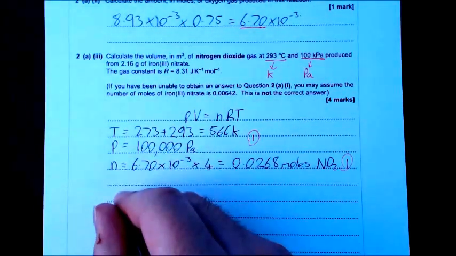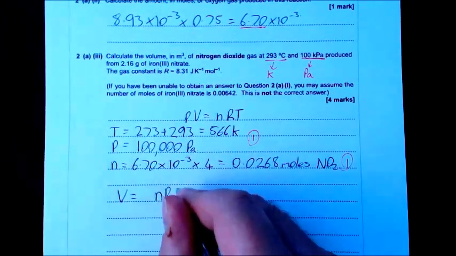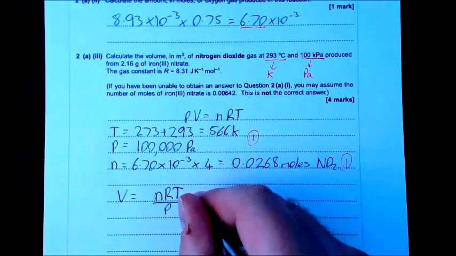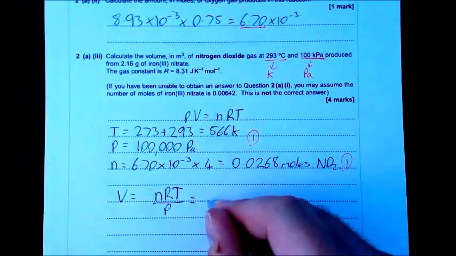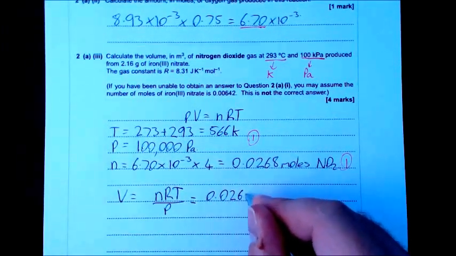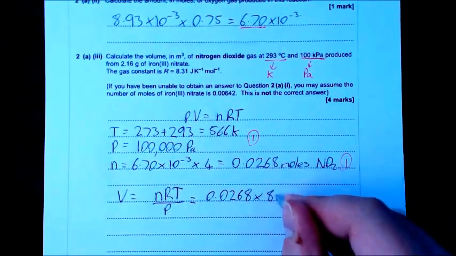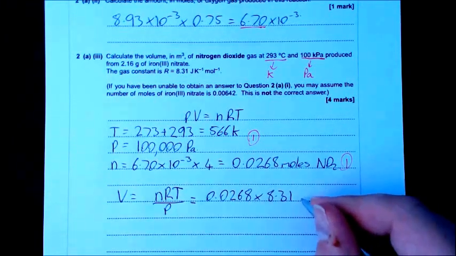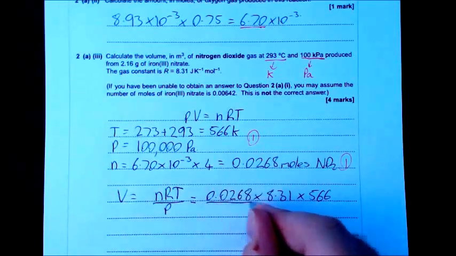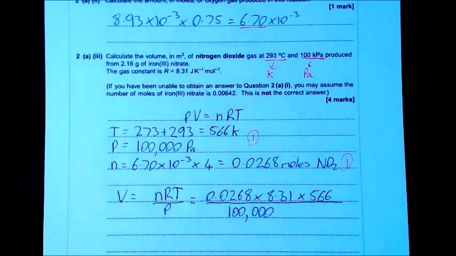All we do is rearrange it and we get V equals N R T over P, and if we put our numbers in, that should be 0.0268, which is our number of moles of NO2, times 8.31, multiplied by 566, that's our temperature in Kelvin, and we're going to divide that by the pressure, which is 100,000, and that's in pascals.